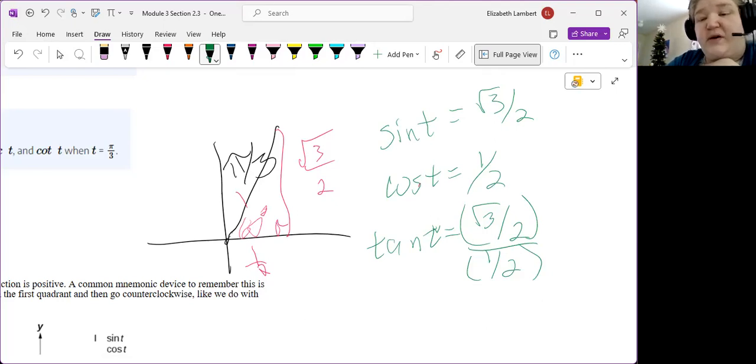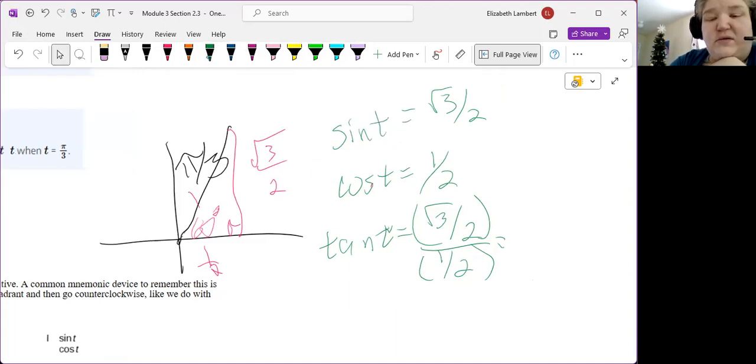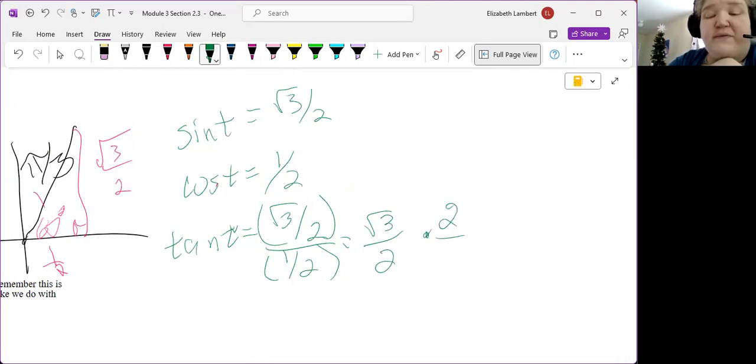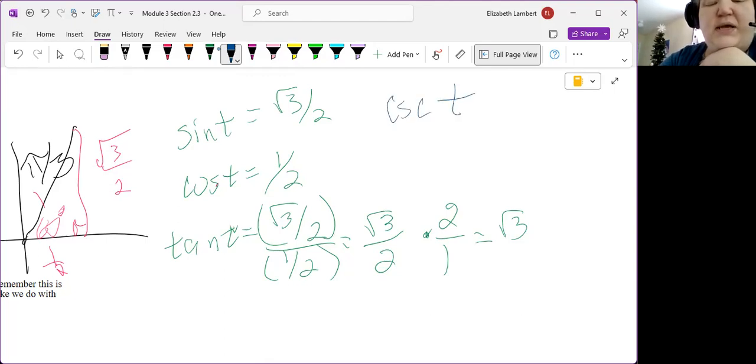All right, so here, fraction divided by fraction is the top fraction multiplied by the reciprocal of the denominator, and the 2's cancel. And so our tangent here is just the square root of 3. Now our other three, remember, sine goes with cosecant, and cosine goes with secant, just to be weird.